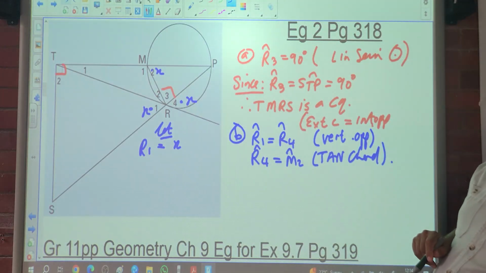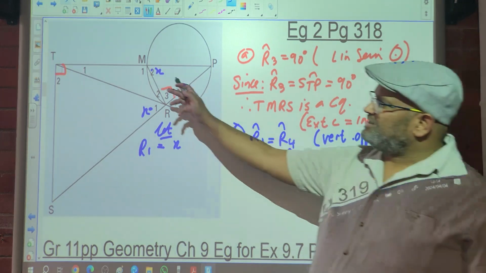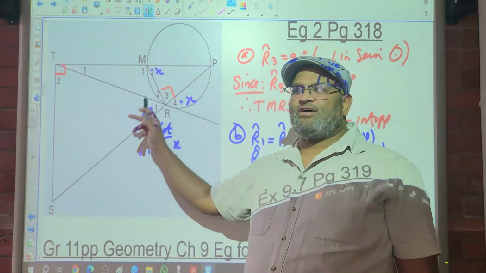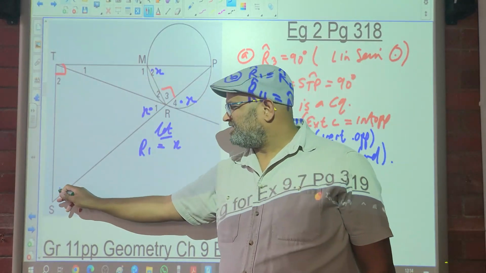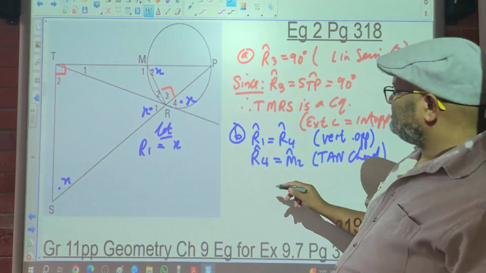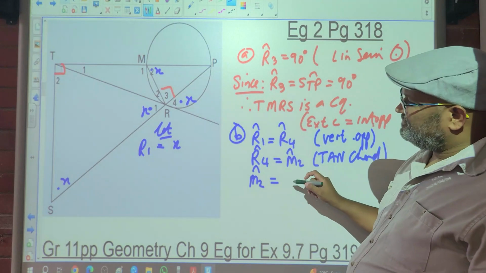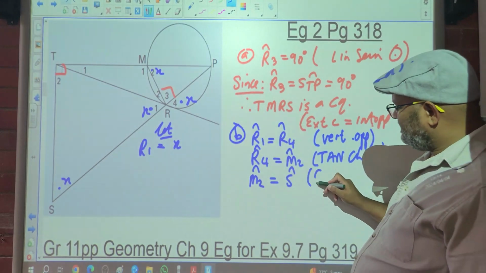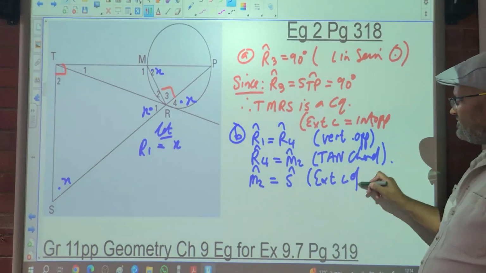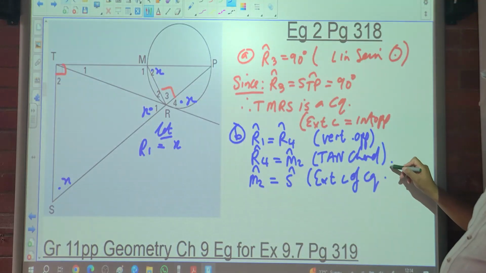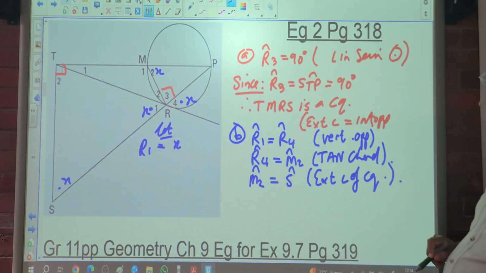Now what? That's now the exterior angle of the cyclic quad. So that is now S. So now we say M2 has to be equal to angle S. Why? Exterior angle of cyclic quad. But what is the question?